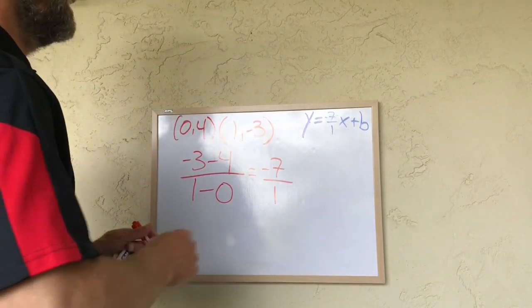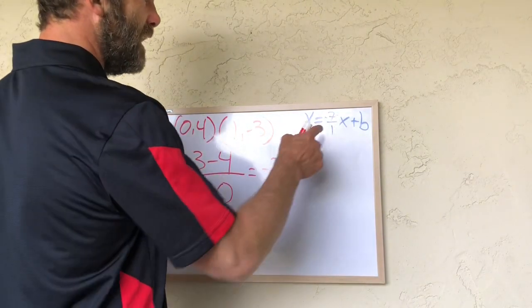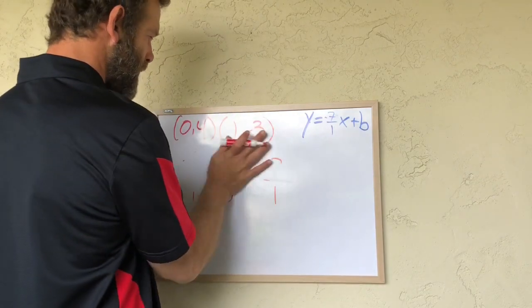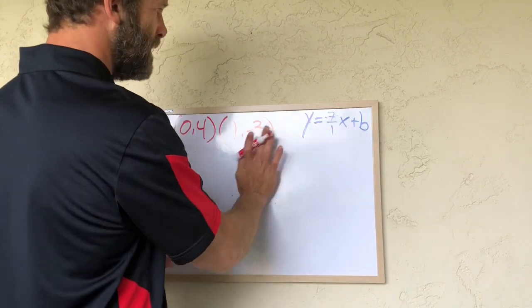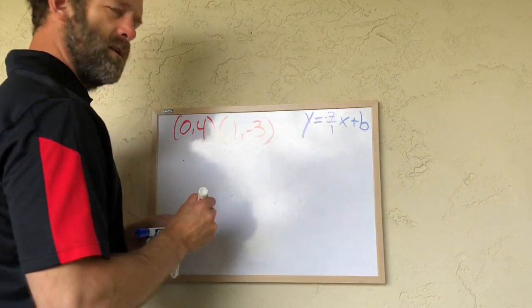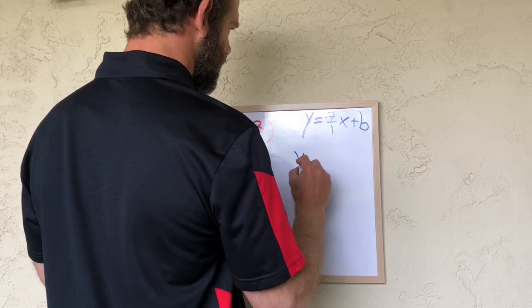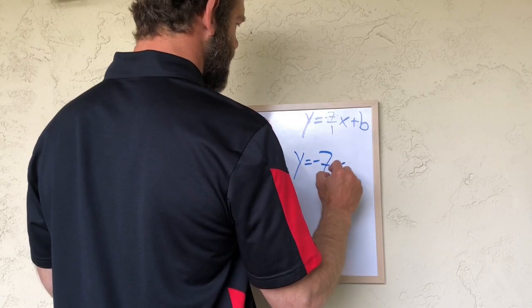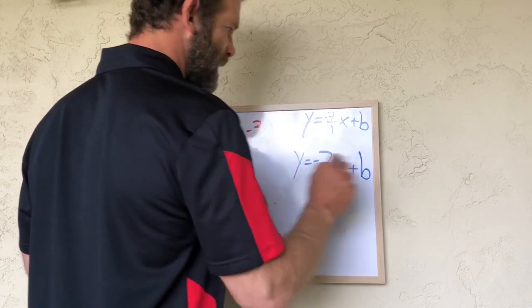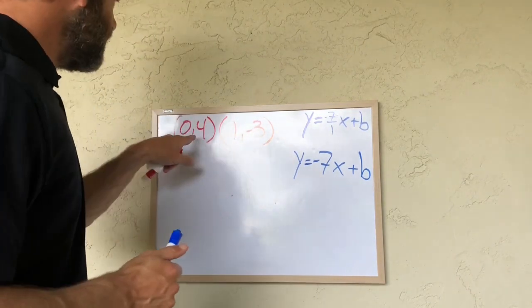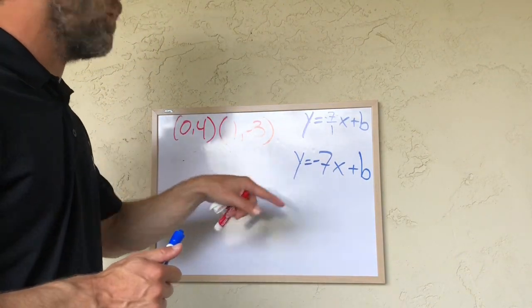So look, here's my equation. y equals negative 7 over 1 x plus b. I'm going to rewrite this equation to make it look a little prettier. So I have y equals negative 7x plus b. I'm going to substitute one of these coordinates into the x and the y.